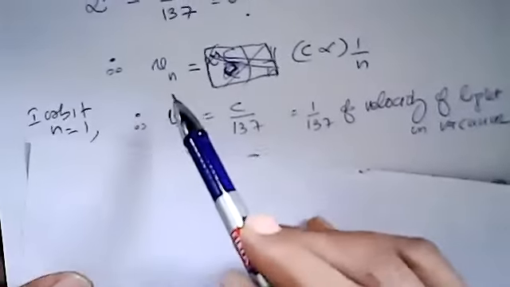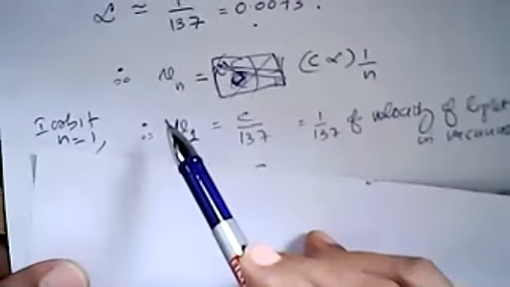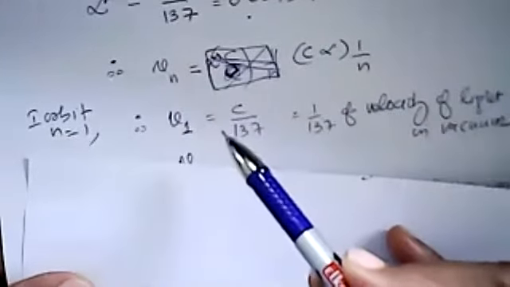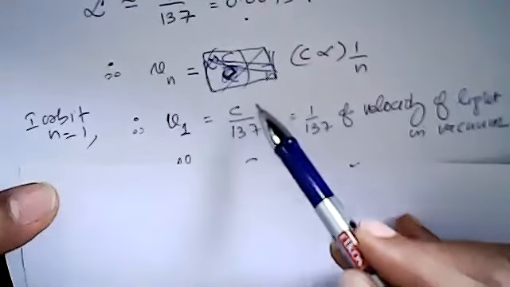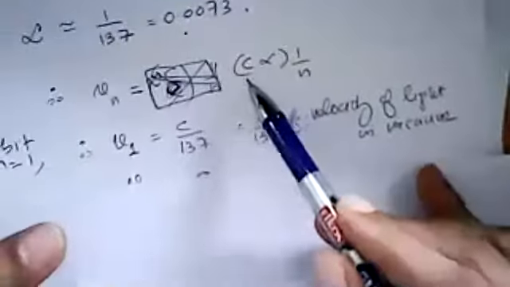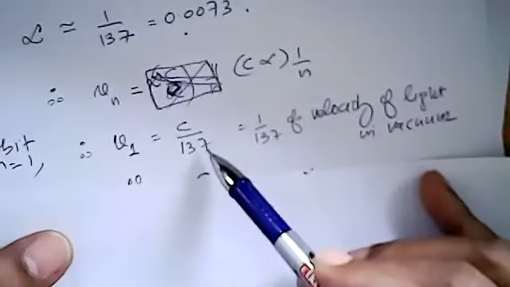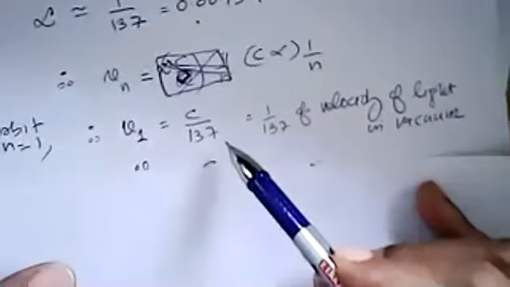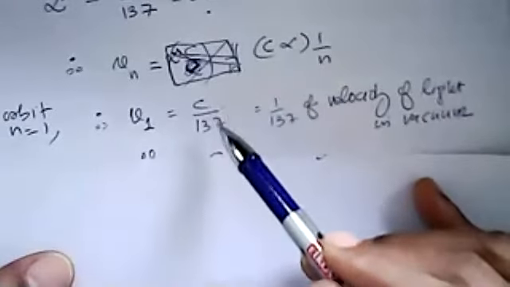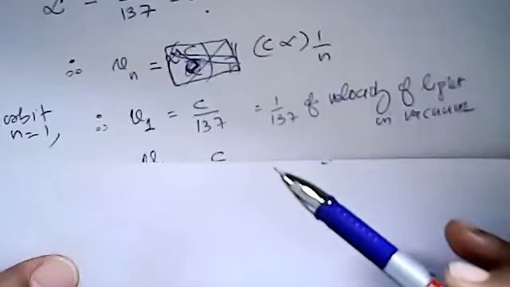Now put n equal to 1, the first orbit. Then V1 equal to c divided by 137 into 1 by 1. So c by 137. This is the velocity of the electron in the first orbit.